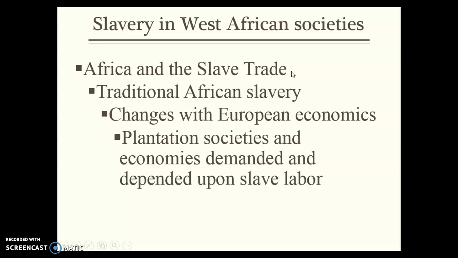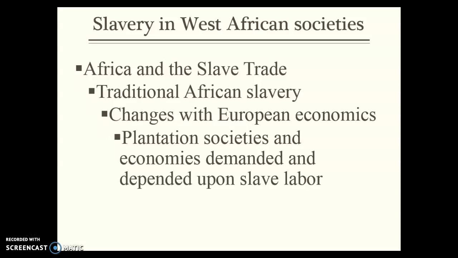Simply, just like everywhere else, there was slavery before. West Africa had a long and burgeoning slave trade for a while. The difference is it becomes more and more important to their societies, as Europeans and the colonists need more and more slaves.